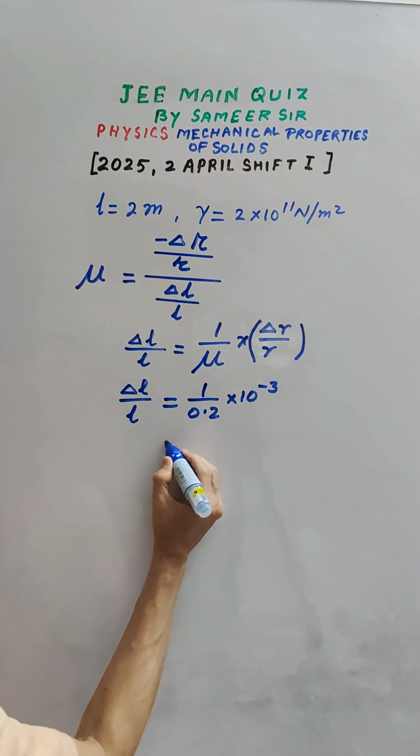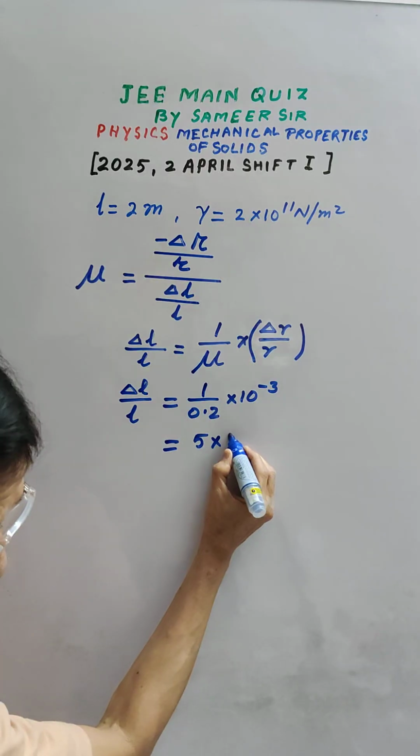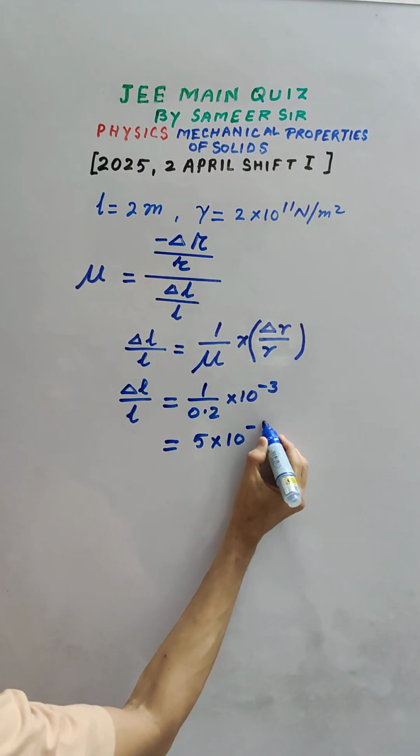Which will be equal to 5 into 10 to the power minus 3.